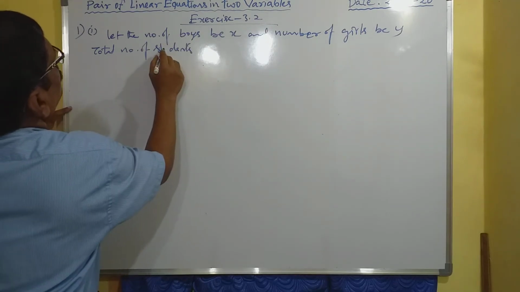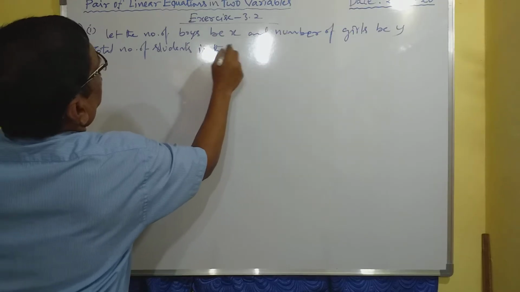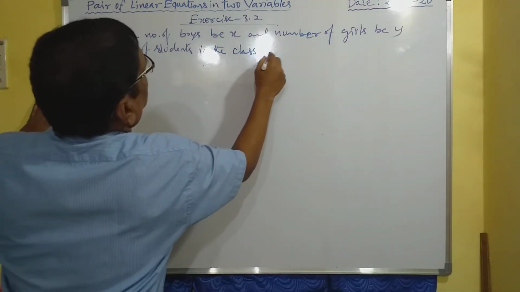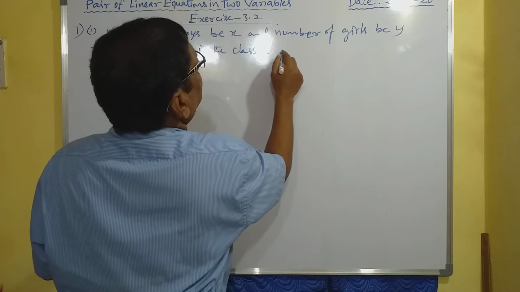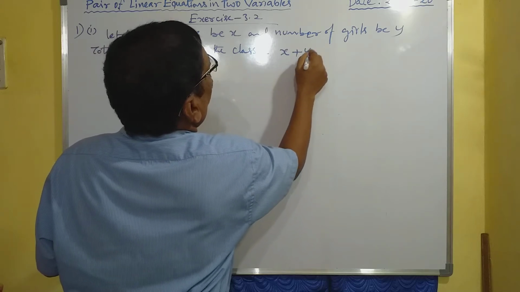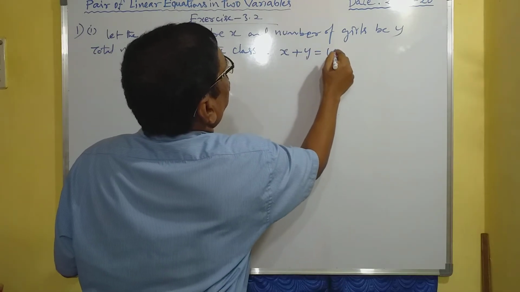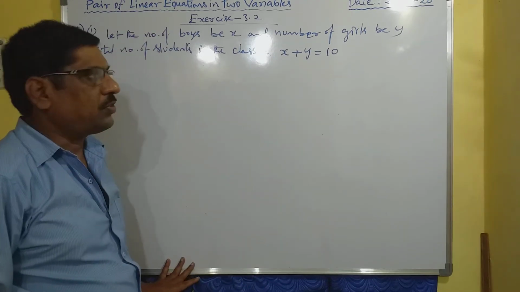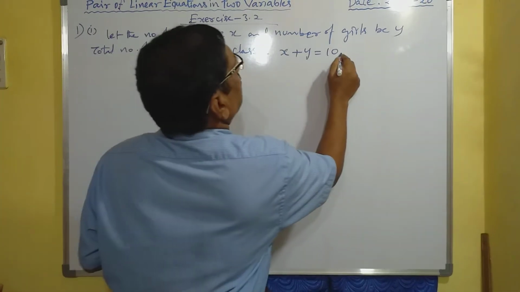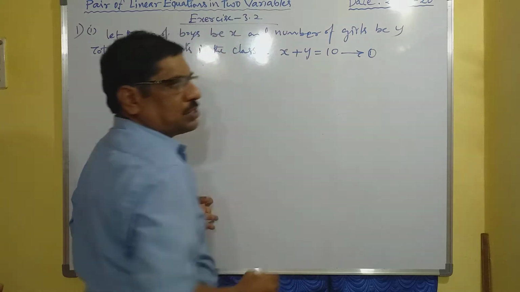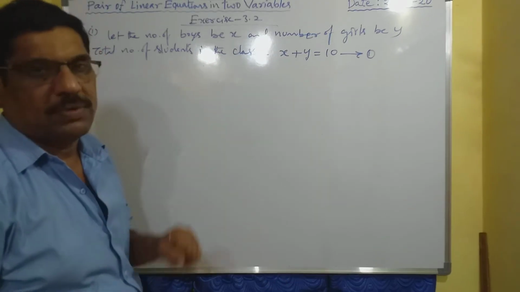The total number of students in the class is equal to the number of boys and girls. So x plus y is equal to 10, since the total number of students is 10. This is the first linear equation.